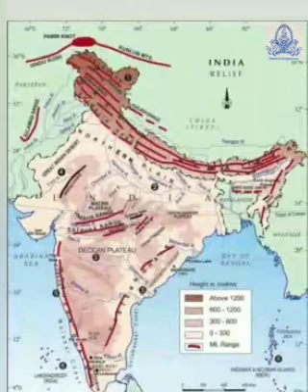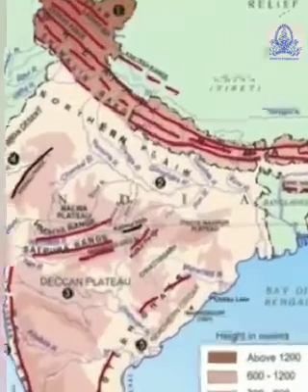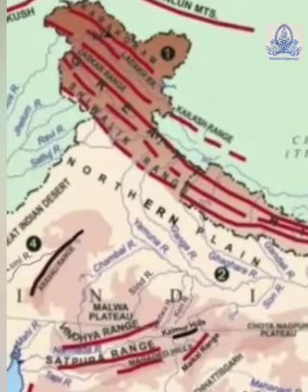Now because of this Pamir Knot, there are 3 ranges present, that is the Karakoram range, Ladakh range and Himalaya. You can see this in the map also. If you look broadly at this Pamir Knot, different ranges are going out.